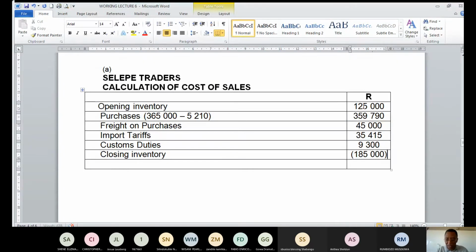So your cost of sales is equal to opening inventory plus the purchases plus the freight on purchases plus import duties plus customs duties minus the closing inventory, and your answer for cost of sales is the amount of 360,840.